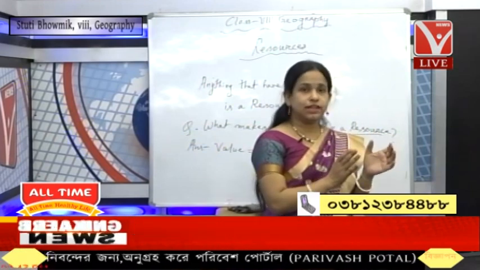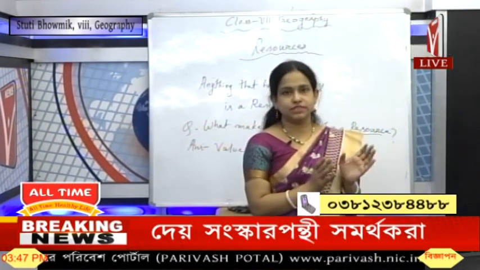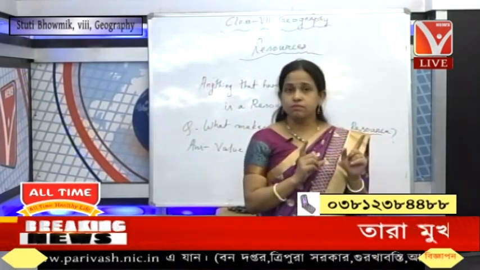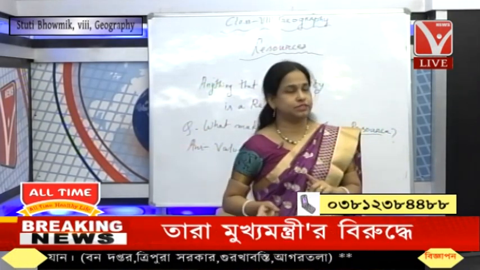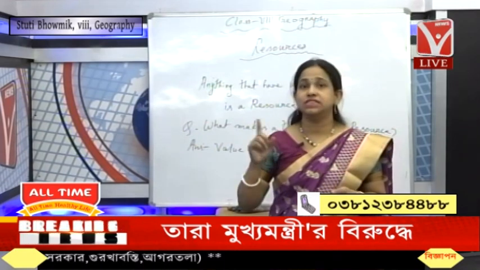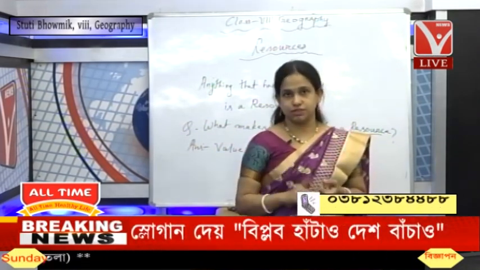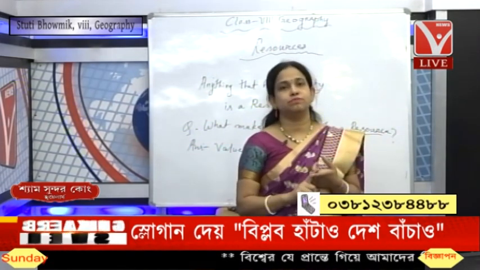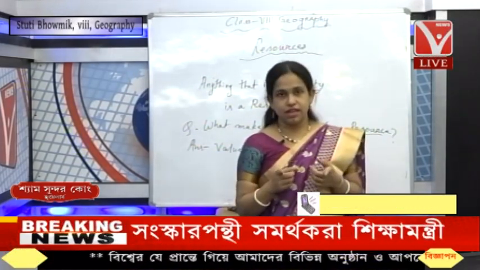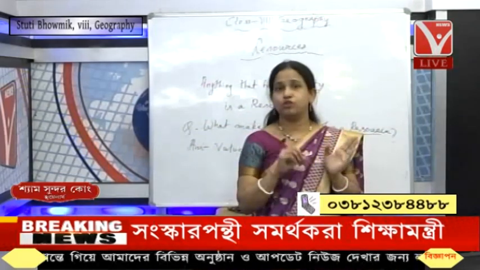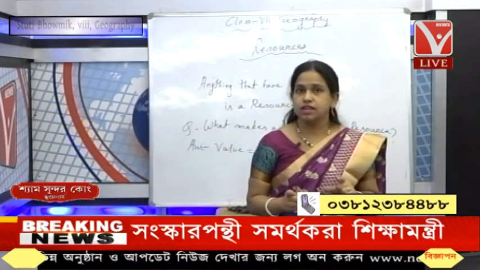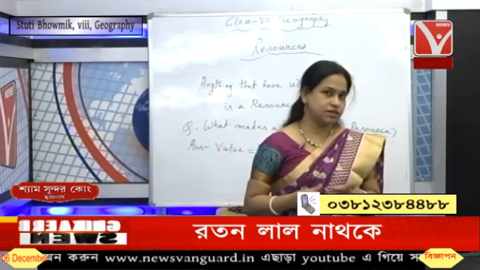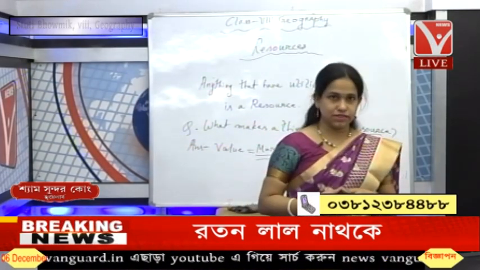So a particular, just a mud, I have given you the example of mud or clay, that particular mud or clay could be made a resource by the application of human talent and intelligence. Okay, so that is what human being is, only the one who is giving birth to a resource. Okay, a particular thing could be a resource only when human being identifies it, only when human being prepares it or shapes it in the form of a resource. I hope you understood by this much.